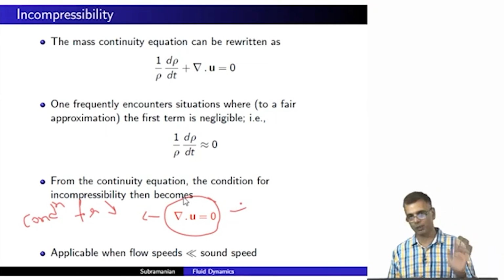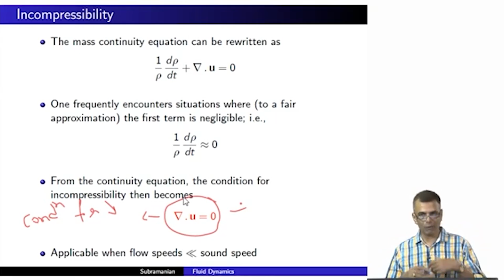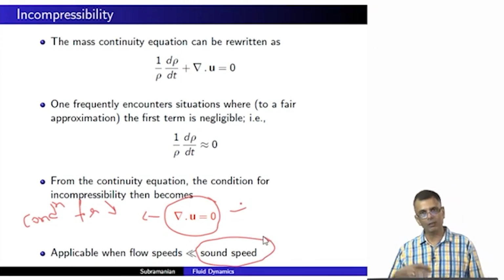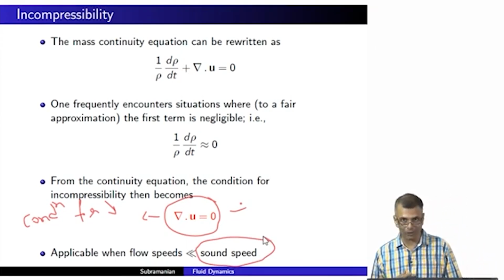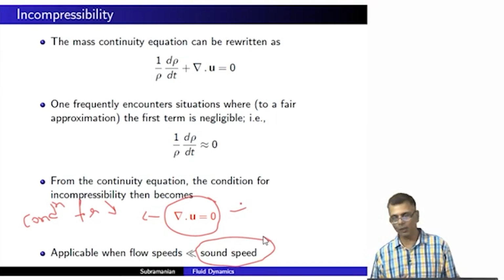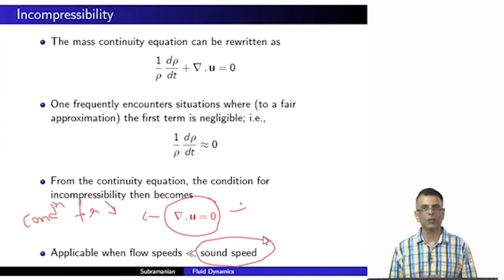All flow speeds are much smaller than the speed of light. It turns out that if the flow speed is much lesser than the sound speed, which we have not introduced yet, we will introduce this when we start talking about compressibility. Okay? If the flow speeds are much smaller than the sound speed, then any fluid can be regarded to be incompressible to a very good degree of approximation.